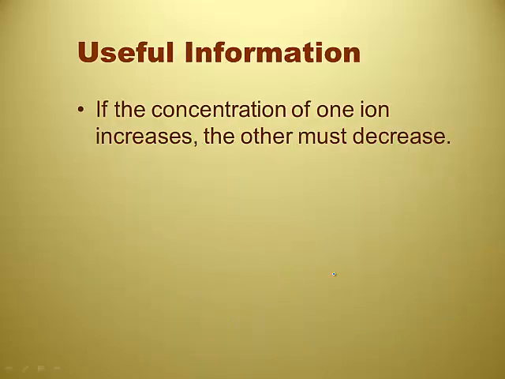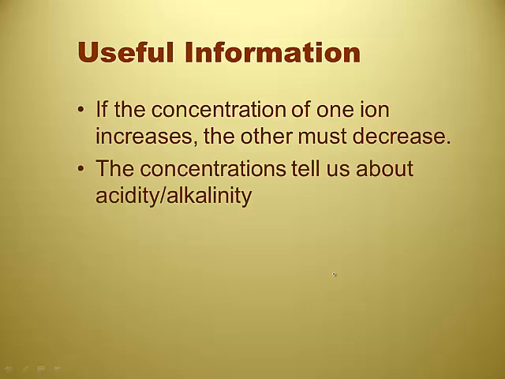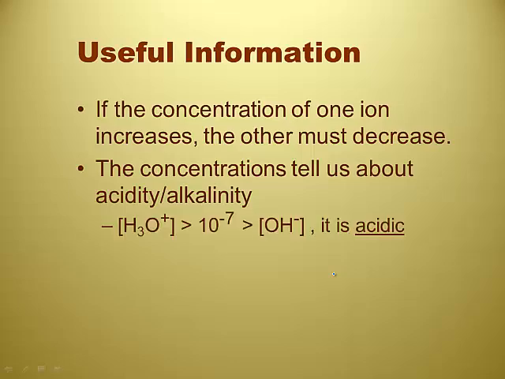At least for right now, the useful information is this. The concentrations of the ions do tell us whether something's an acid or a base. Things that have hydronium ion concentrations greater than 10 to the negative 7th usually have more hydronium than hydroxide.